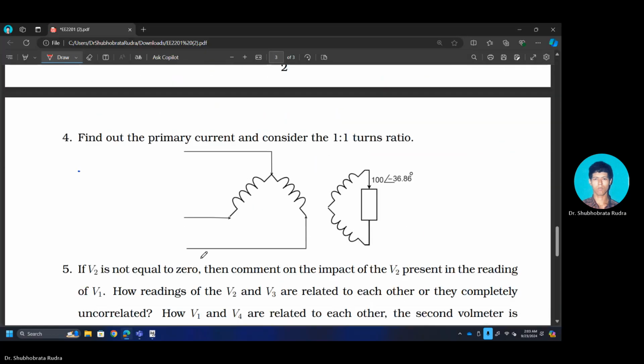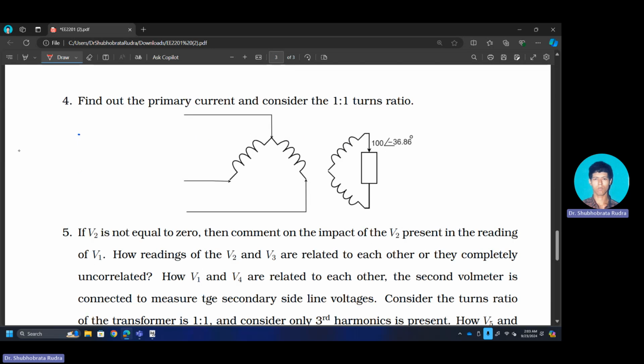Now, this is a very simple problem. It could be solved very easily. We just need to do a KVA balance. What is this? Root 3 V, say V is the voltage across this. Here phase voltage is equal to line voltage, and let this be I amount of line current.